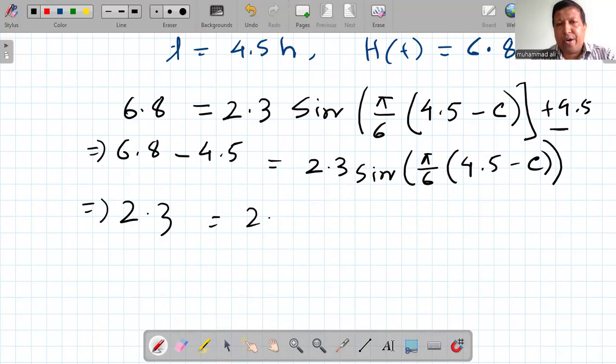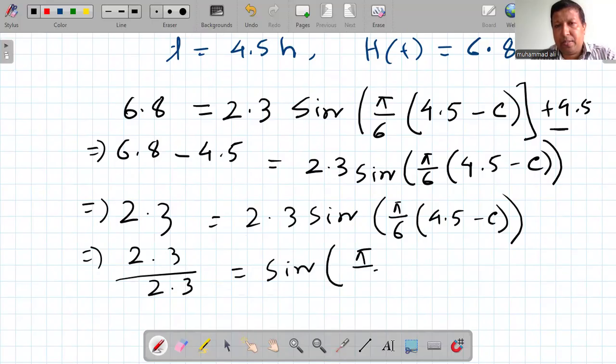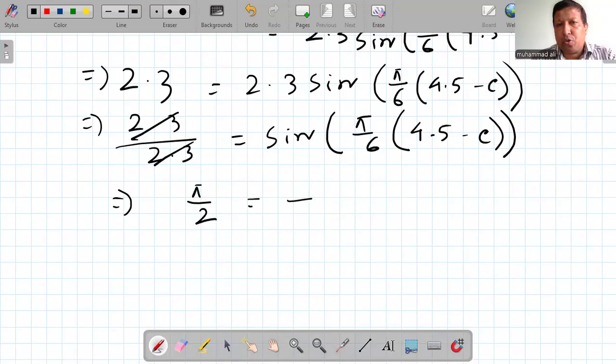So here also 2.3 sin(pi by 6 (4.5 − c)). So 2.3 divided by 2.3 equals sin(pi by 6 (4.5 − c)). If you cancel, this is 1. So sine inverse of 1 is pi by 2.